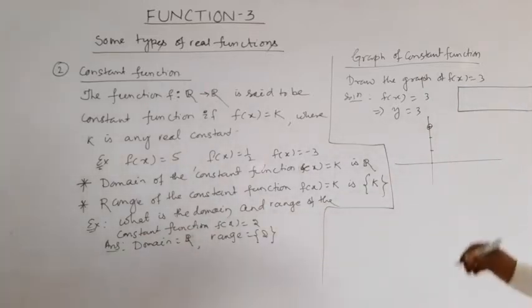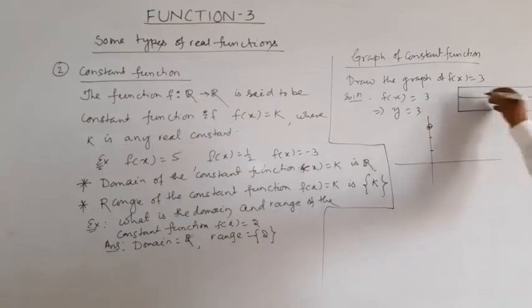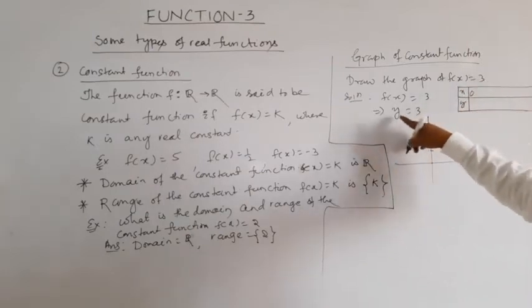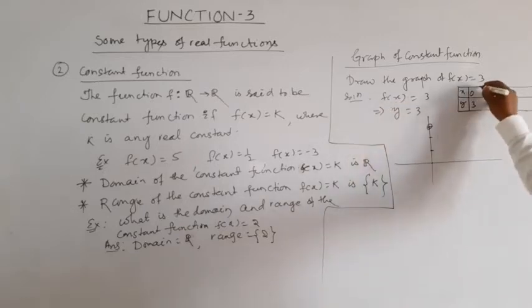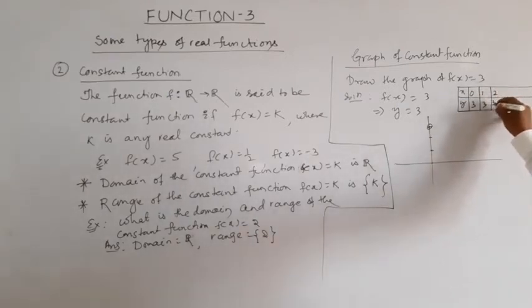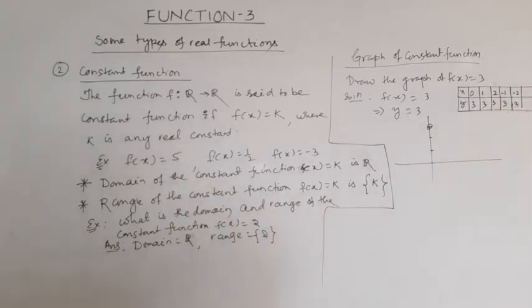This is x and this is y. X is equal to 0, y equal to 3. X is equal to 1, y equal to 3. X is equal to 2, y equal to 3. X is equal to minus 1, y equal to 3. X is equal to minus 2, y is equal to 3, and so on. So for every value of x, y remains constant.